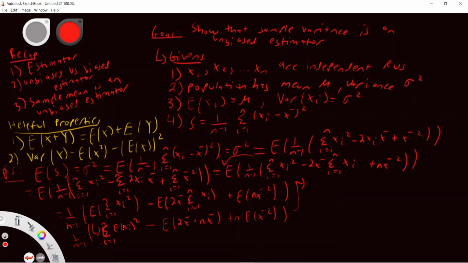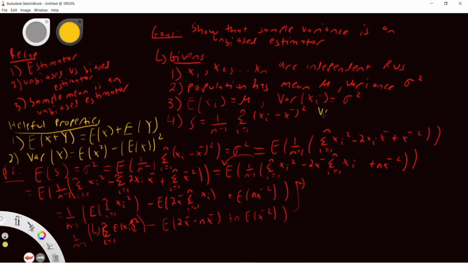Well, we have to figure out what this expectation of x sub i squared is. Sorry, I meant to put a parenthesis here, so it's the expectation of x sub i squared. So let's take a look at the variance, let's take a look at property 2. I'm going to change my color to yellow.